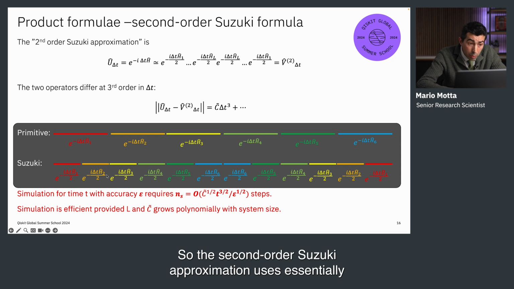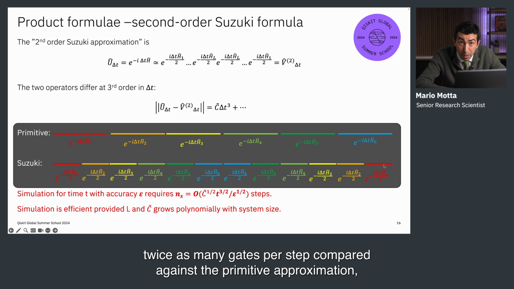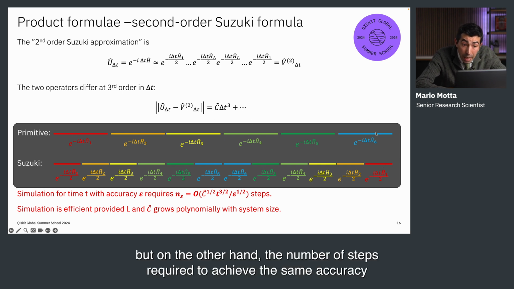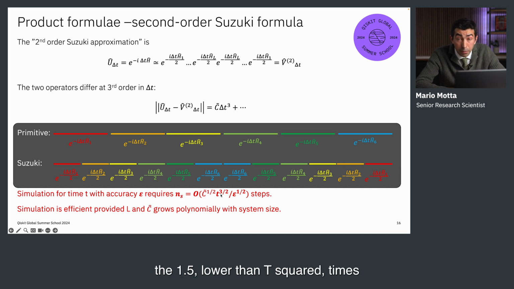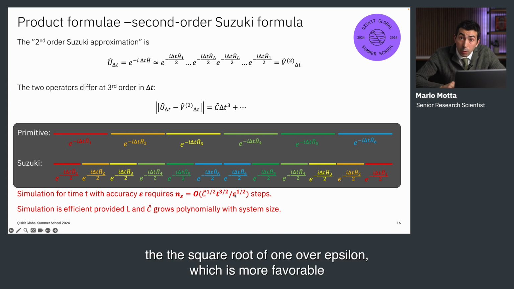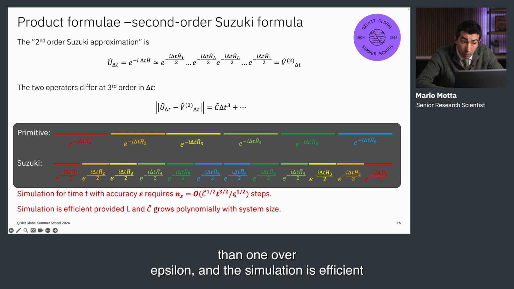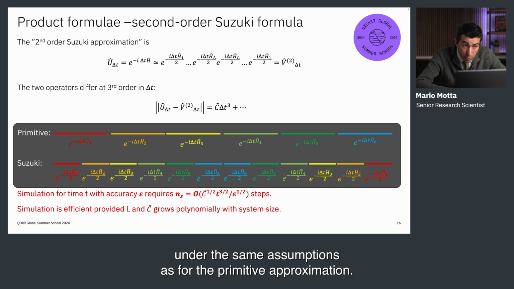So the second-order Suzuki approximation uses essentially twice as many gates per step compared to the primitive approximation, but on the other hand, the number of steps required to achieve the same accuracy epsilon now scales like t to the 1.5, lower than t squared, times the square root of 1 over epsilon, which is more favorable than 1 over epsilon. And the simulation is efficient under the same assumptions as for the primitive approximation.